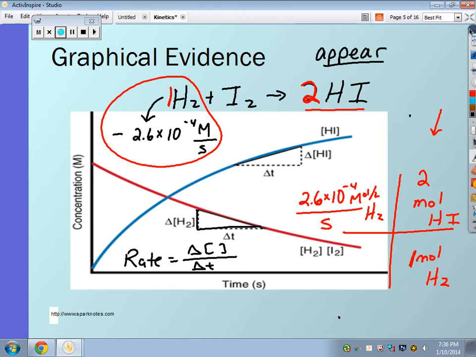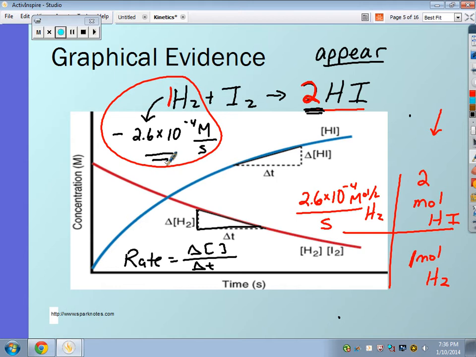All right. I have a rate of disappearance and a rate of appearance, and would you agree with me that this is appearing twice as fast as this is going away? Indeed it is. And so if you look, that's exactly what the math says. So you take 2.6 times 10 to the negative 4th, and you multiply it by 2.